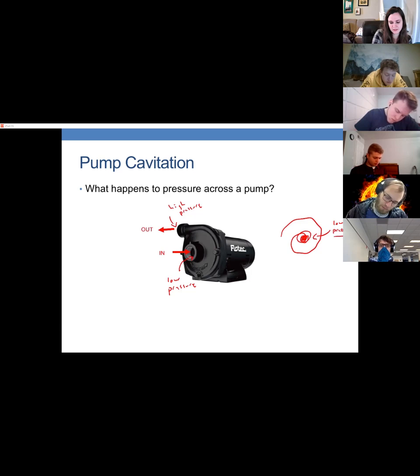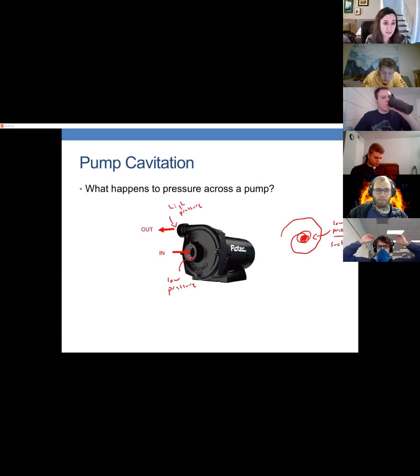And that's where there's suction. So the pump creates low pressure that sucks the water in. Then the blades spin around, add energy to the water, increase its pressure, and spit it out.